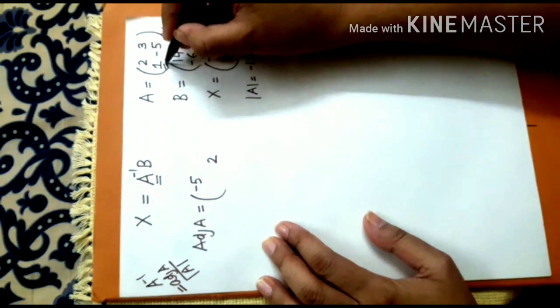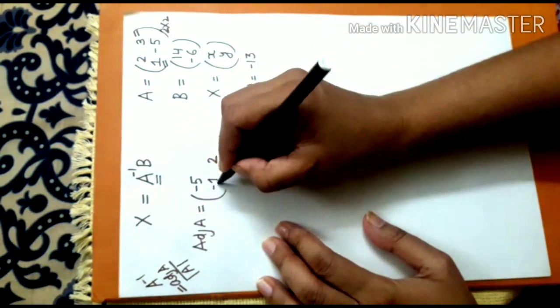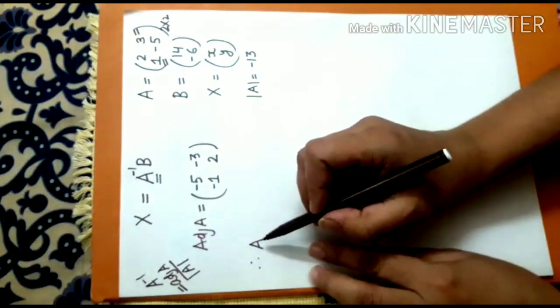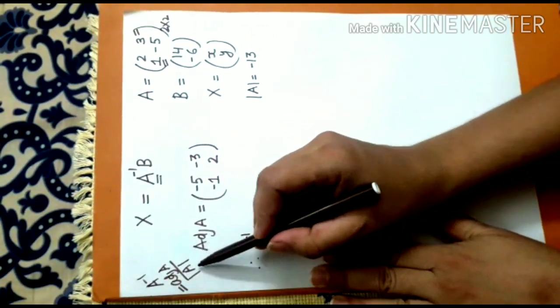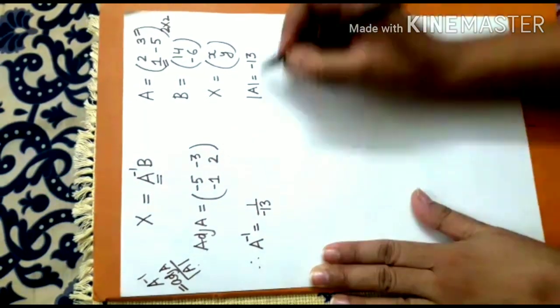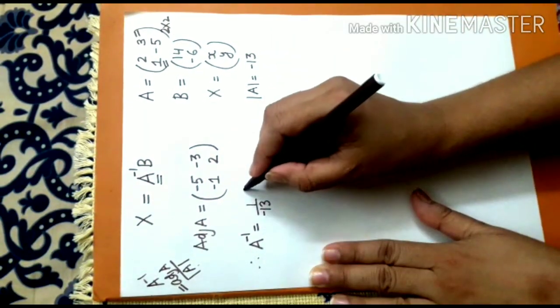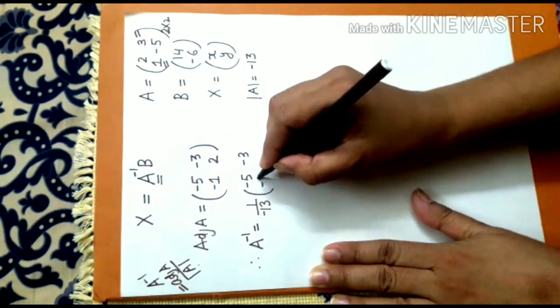And we change the sign of these elements. It's plus 1. So in the adjoint, it will be this. So A inverse will be adjoint A upon determinant A. The determinant was minus 13. So it's 1 over minus 13 into the adjoint, which is this matrix.